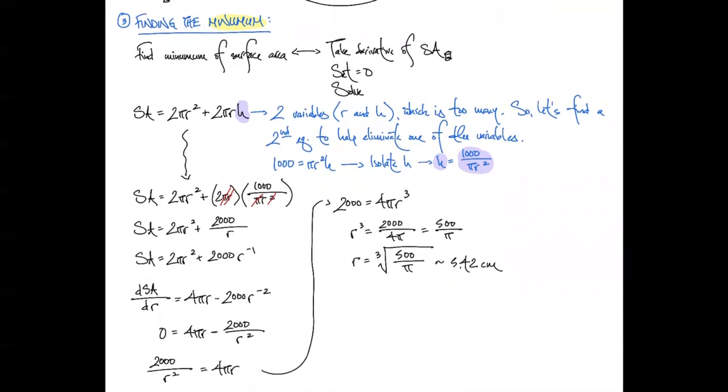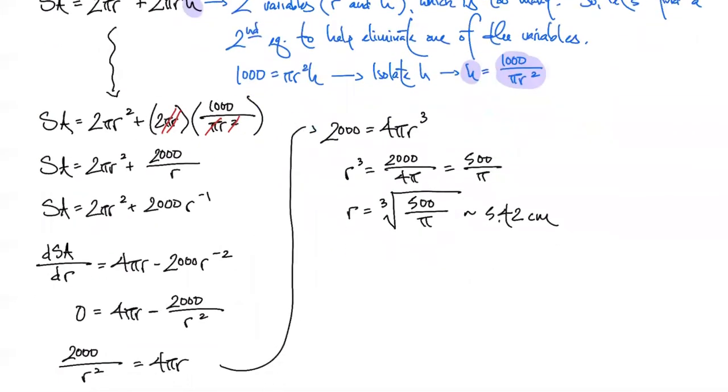All right, but since you just asked about that h formula, thank goodness we have that h formula, because we want to find the dimensions of the can, meaning we have our radius, but we have to find the height. And we already found an equation. We just have to do a little bit of substitution.